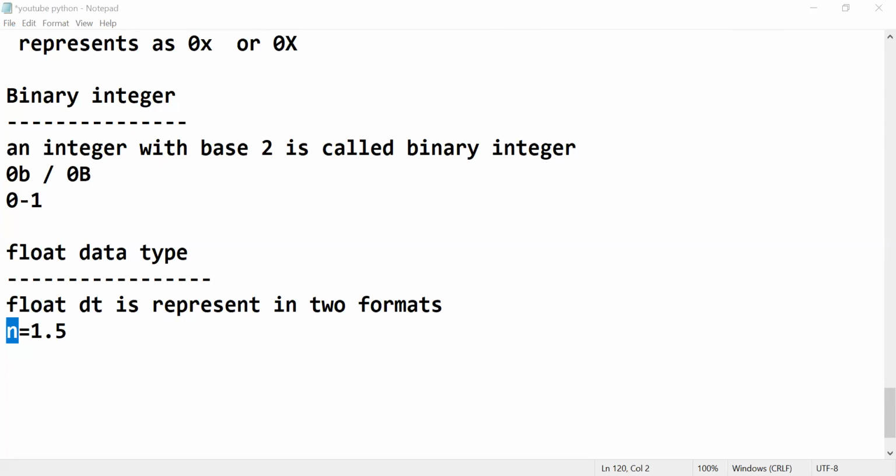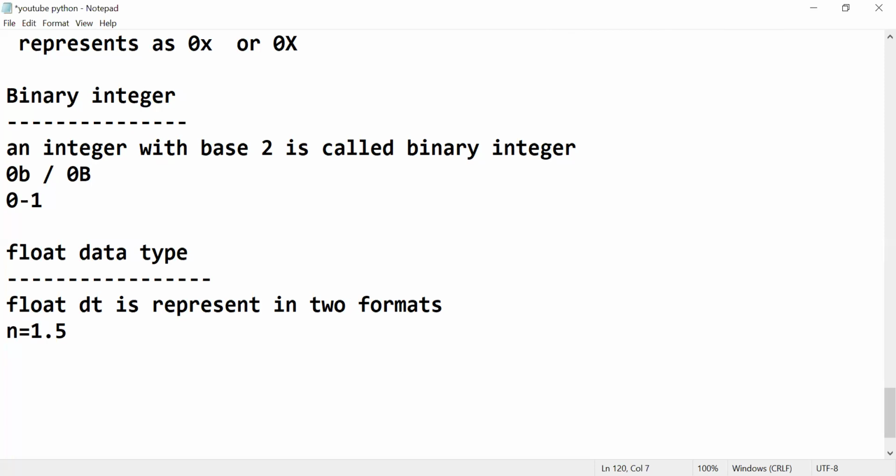If I print the type of n, we will get float. See, guys, earlier we got int type and here we got float. You forget about class, guys. Later I will explain in coming sessions what a class is. Just now you focus on this float type. This n value is float type.